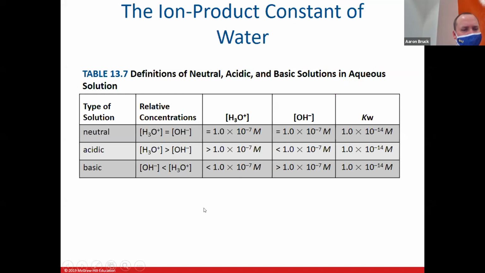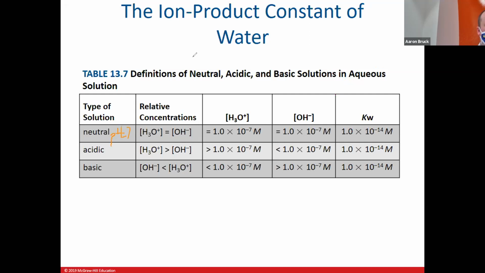All right, so in summary, what does this look like in terms of number values? Again, for neutral solutions where pH is equal to 7, we see even concentrations of hydronium and hydroxide. In acidic solutions where pH is less than 7, we see a higher concentration of hydronium, a lower concentration of hydroxide.